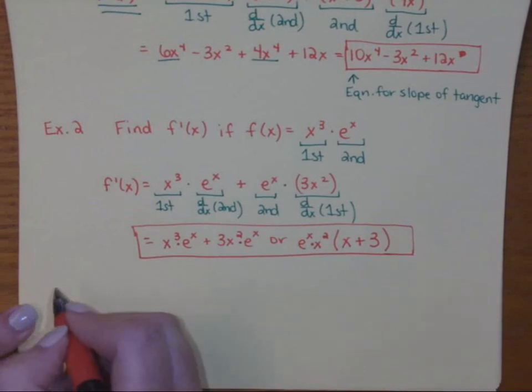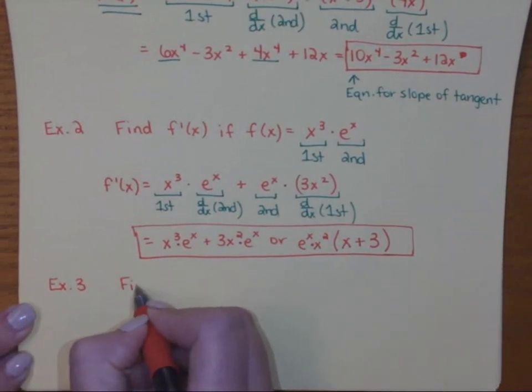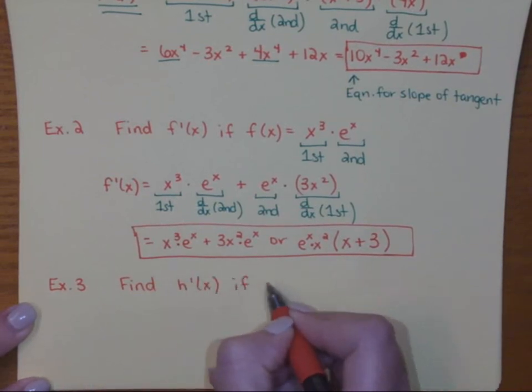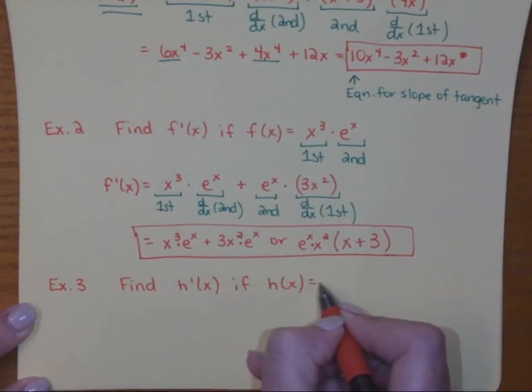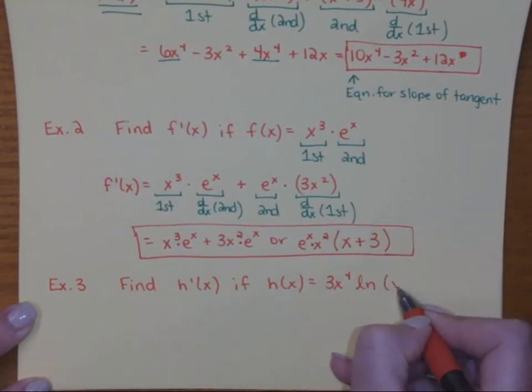All right, so let's do another where maybe we pull in a special case from last time. So find the derivative if h of x is equal to 3x to the fourth times ln of x squared.